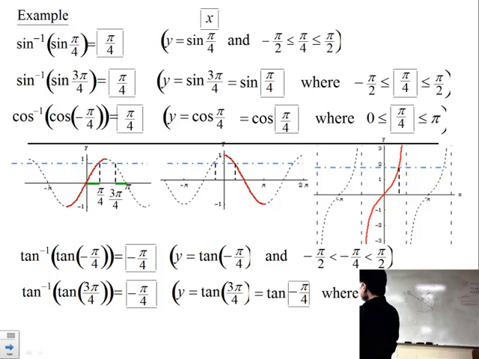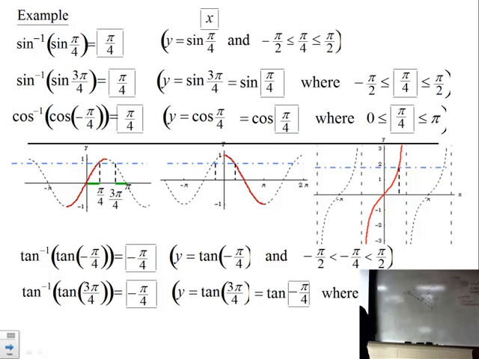But if you take 3 pi over 4, this is going to have the same tangent because it's the same slope, it's just in the opposite direction. So it's going to have the same tangent, but the tan inverse is still minus pi over 4 because it's got to be quadrant 1 or quadrant 4, but it has the same slope.